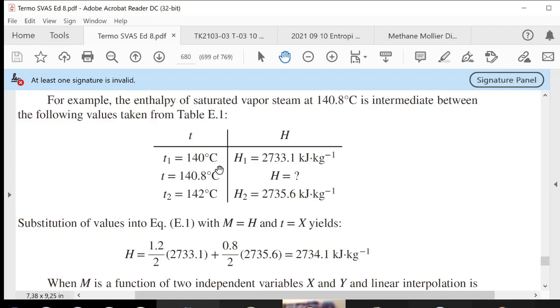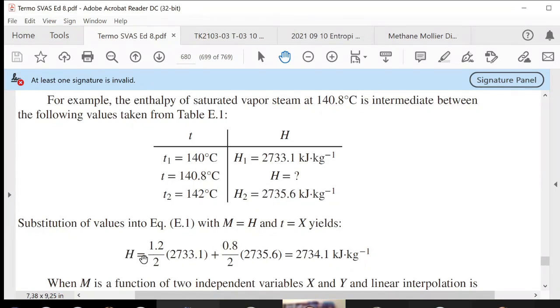Now I am asking, is the enthalpy over here closer to this H1 or closer to the H2? Please answer. This is 0.8, the delta, and this is 1.2, the delta. H1, sir. Yes, it has to be closer to H1. How to calculate that?